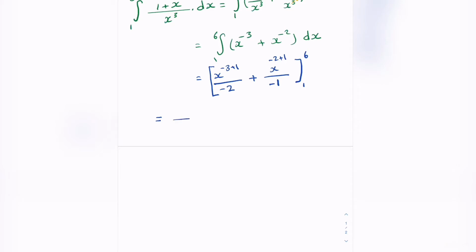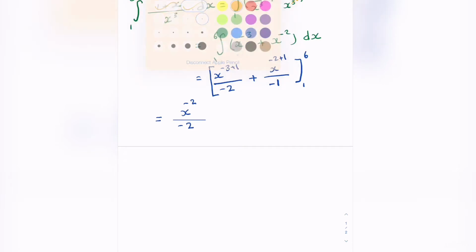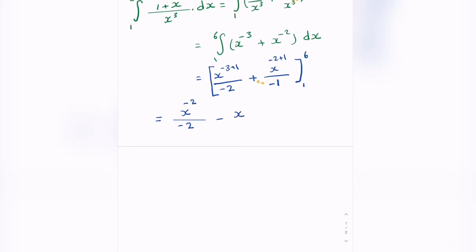So this means x to the power minus 2 divided by minus 2, and this plus minus, so plus times minus is minus, so this is minus x to the power minus 1, and limit from 1 to 6. And then now we will substitute, and we'll start from 6 and then minus, we'll substitute x by 1.